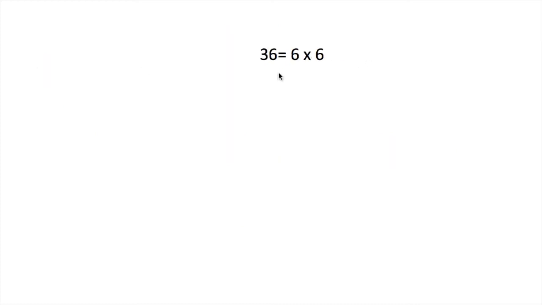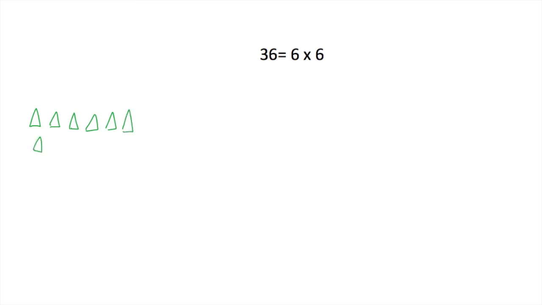We have 36 equals 6 times 6. Now, I'm going to write this as a drawing to make it fun. So I'm going to draw 36 triangles. 1, 2, 3, 4, 5, 6.